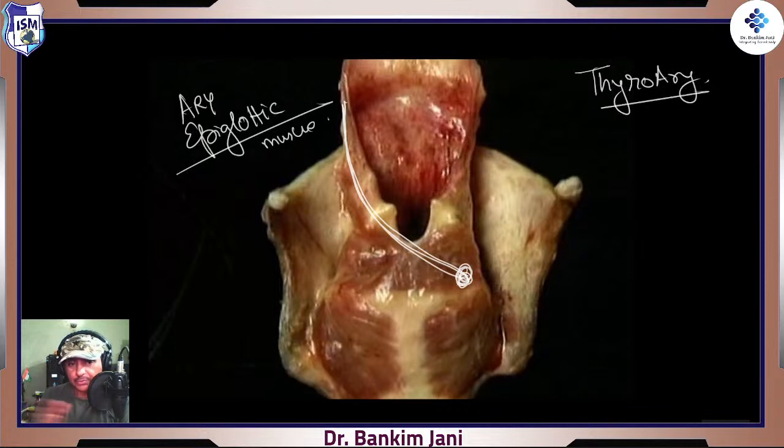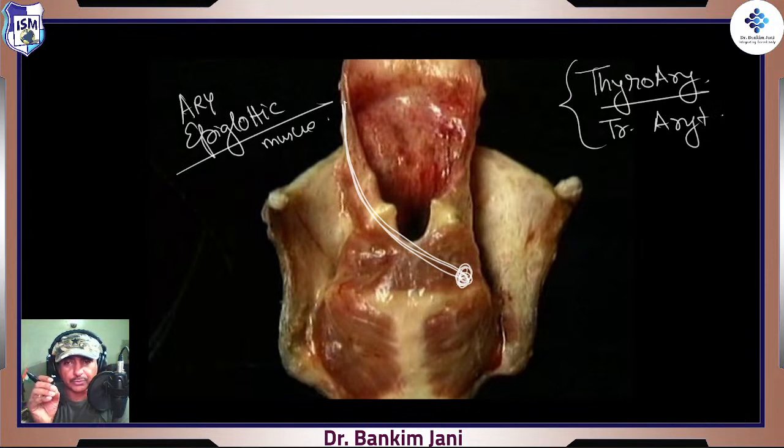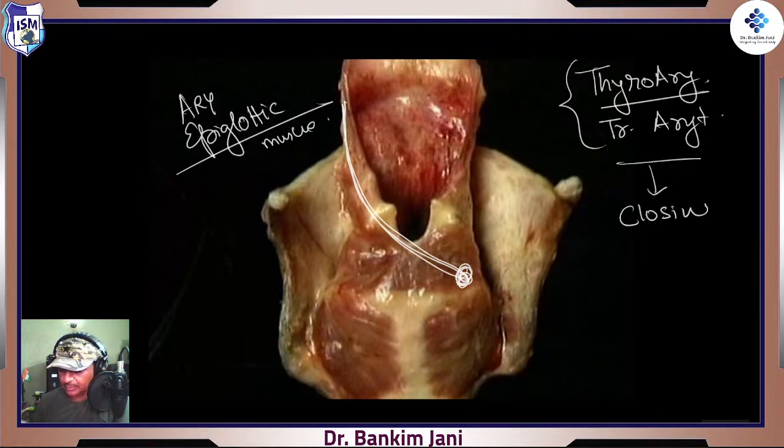Then transverse arytenoid, they come near each other. Both of them, as such, if you see, they are just closing the larynx. So they are deployed in closing the larynx.